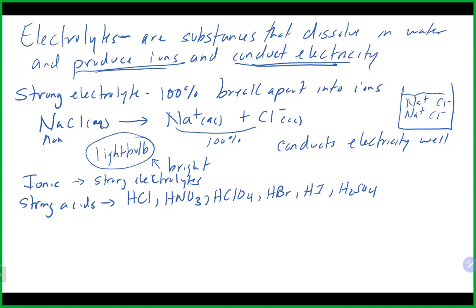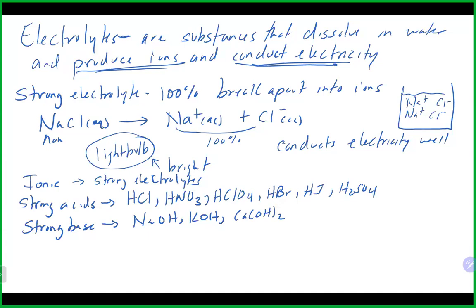All you get is a bunch of ions in there, which will conduct electricity really well. Also strong bases, and a lot of strong bases come from group 1 and group 2 on the periodic table, like sodium hydroxide, potassium hydroxide, calcium hydroxide, etc. These guys also are strong electrolytes and will completely break apart in solution and conduct electricity really, really well. Any questions on that there?